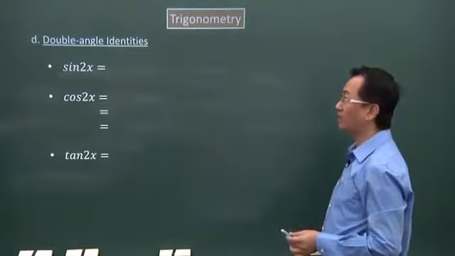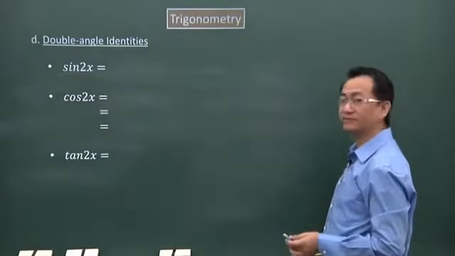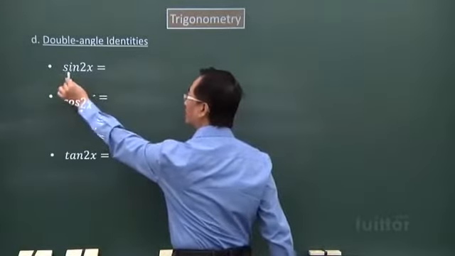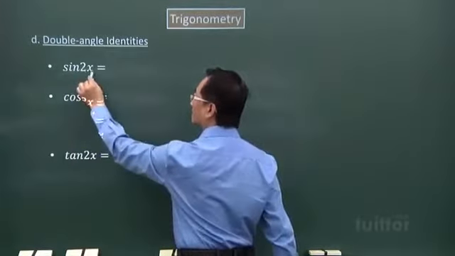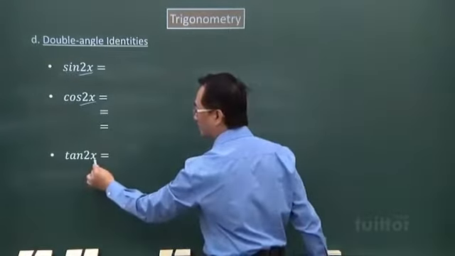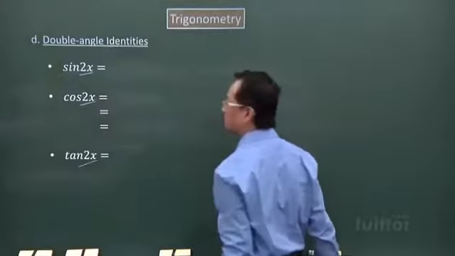Lastly, we have the double angle identities. You can see over here, you have sine 2x, double angle; cos 2x, double angle; tangent 2x, double angle.